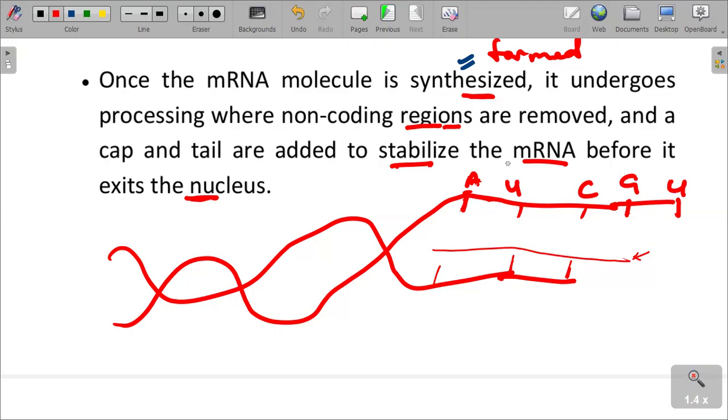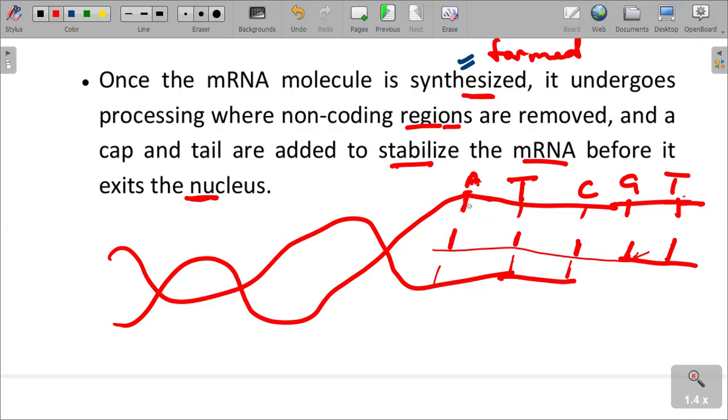Sorry, don't forget this is a DNA molecule, hence it has T. According to the order of the nitrogen bases found on one of the strands of DNA, this is going to define the order of the nitrogen bases that are going to form on the single strand.